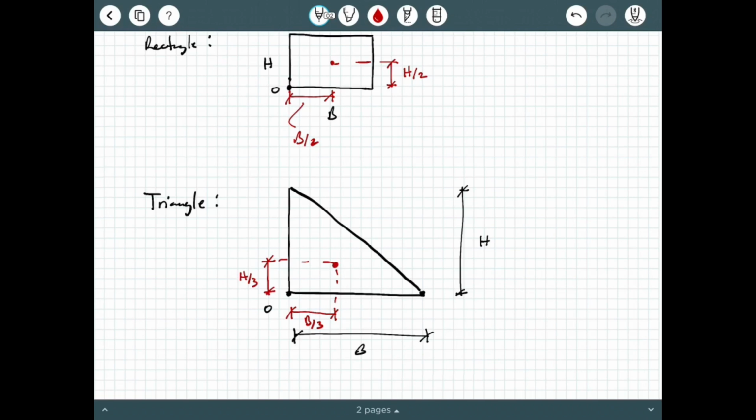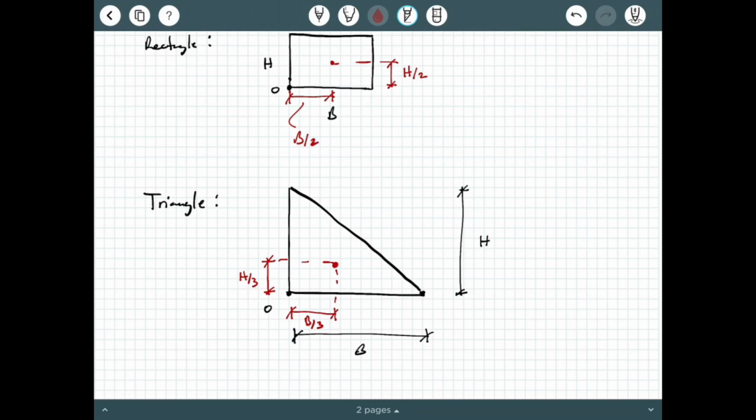So remember, for a triangle, the centroid's always located at 1/3 of the dimension from the flat side. So here's a flat side, and then 1/3 of the dimension away from it is B over 3 in the horizontal direction. And then 1/3 of the dimension from the flat side in the vertical direction is H over 3.